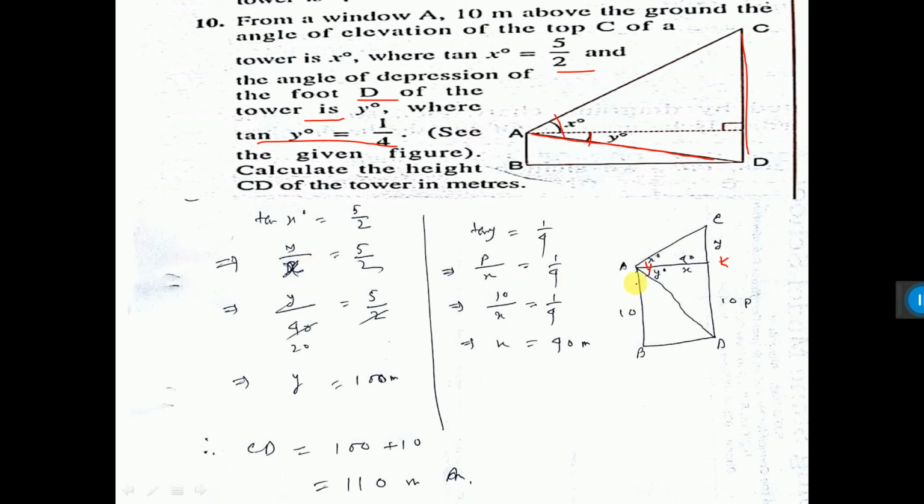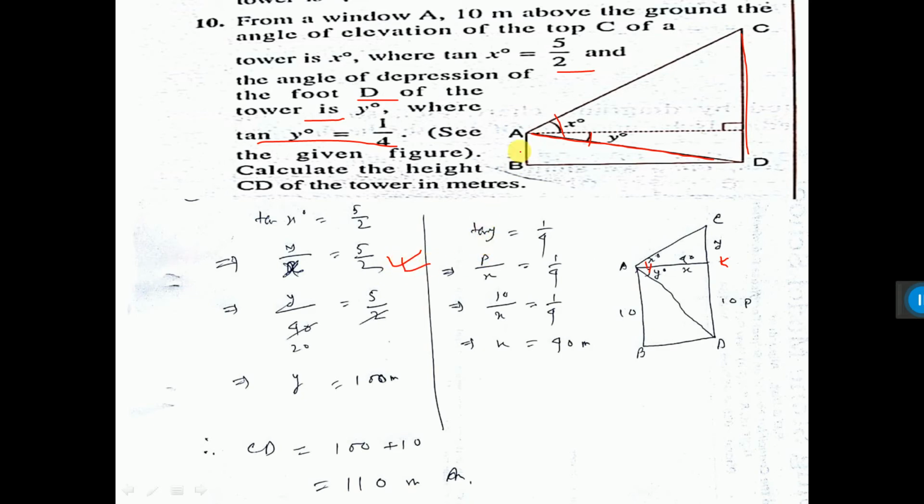Now the value of x is 40. In the question it is given 10 meter of the ground. First you do tan y.